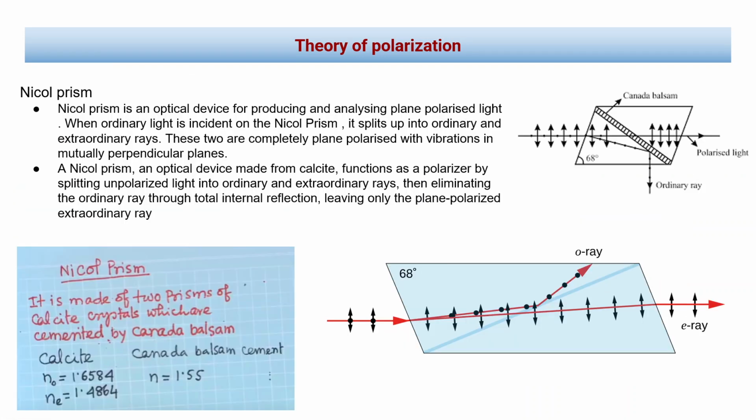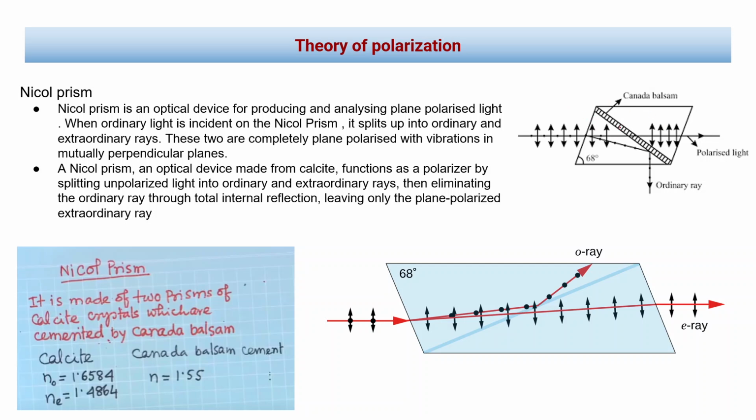Then using these birefringent materials, we can make something known as a Nicol prism. So how are we making it? Just a quick recap. This is one calcite material, say, and another, and we are pasting them using Canada balsam because it's transparent for the light.